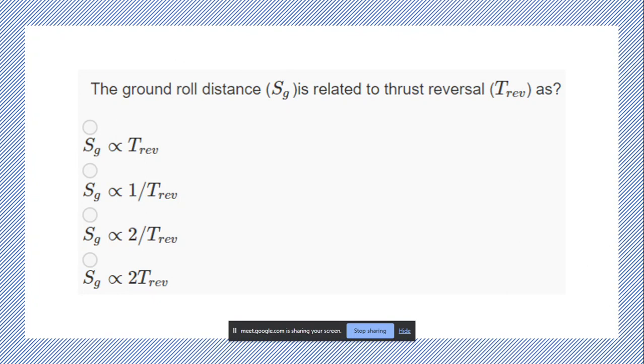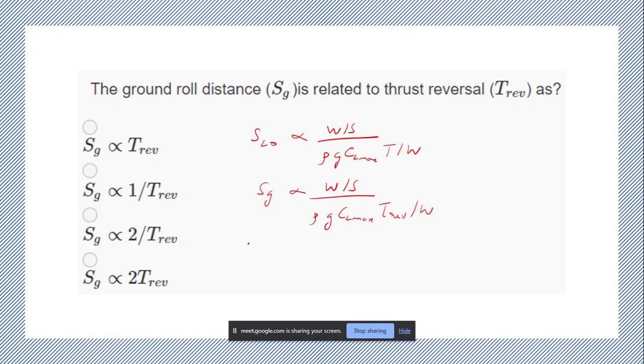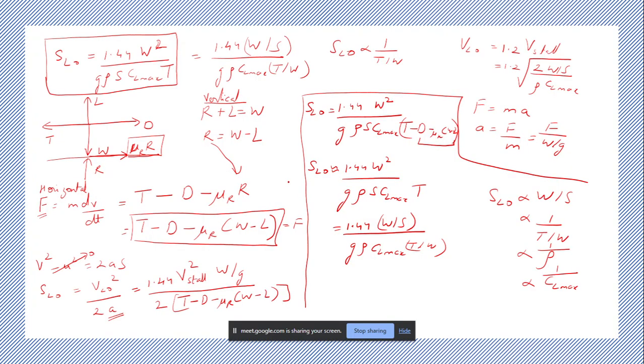You use the same equation as the previous case, which was S liftoff equal to 1.44... We'll just write the proportionality here: it is proportional to W by S by rho G CL max into... If the thrust is reversed, you have Sg directly proportional to W by S rho G CL max, the reverse thrust by W. What changes in the equation that we derived here?